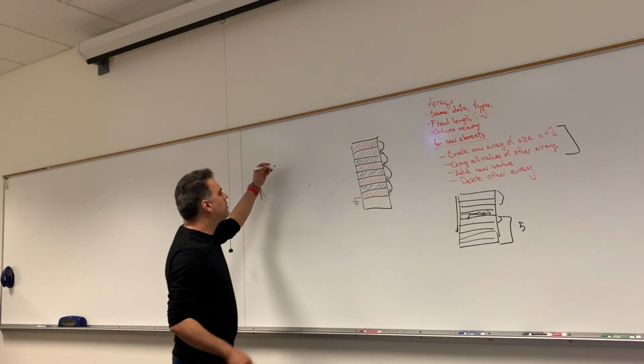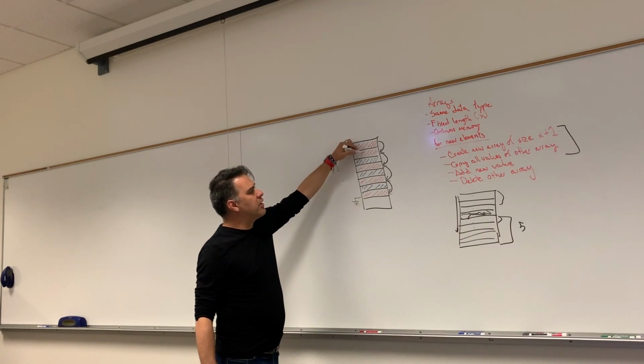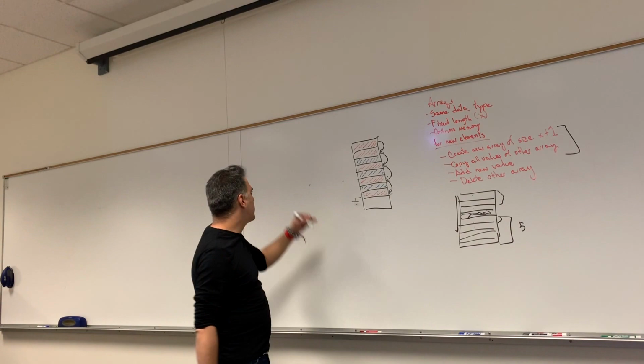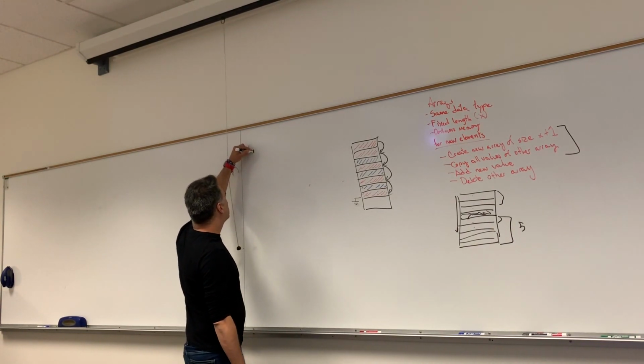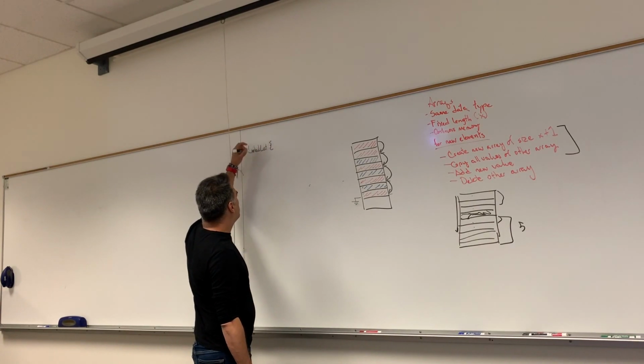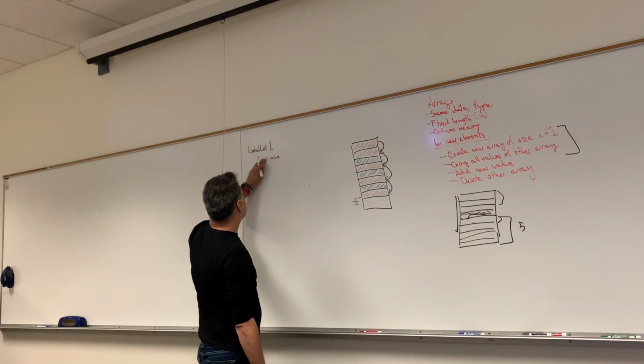So not only that, I can put whatever value I want inside of those elements, because a linked list would be something like, let's say an int value, or let's say it's a string.